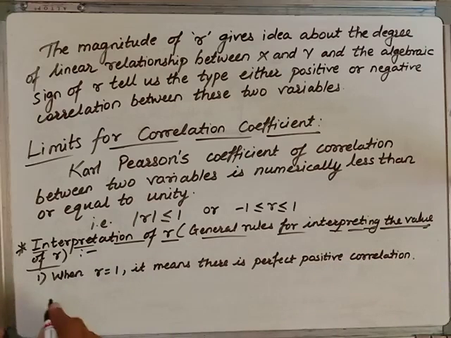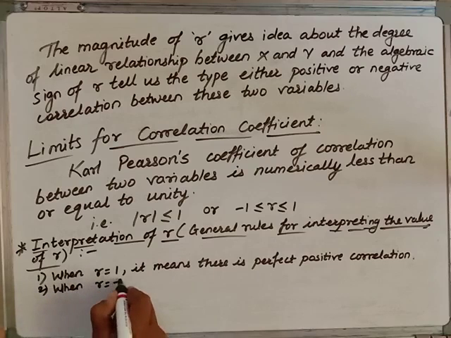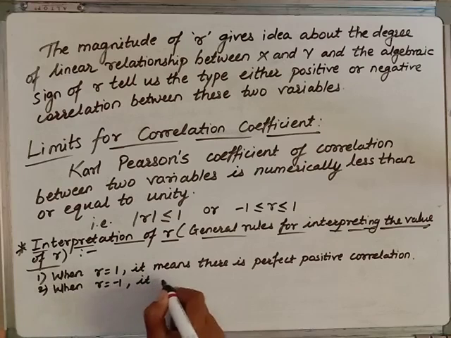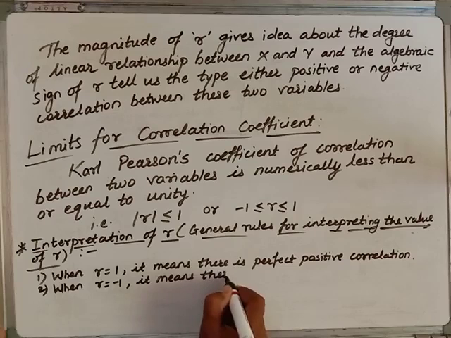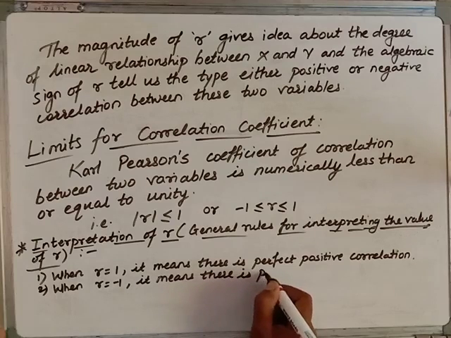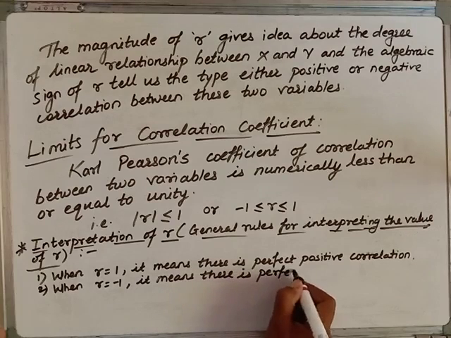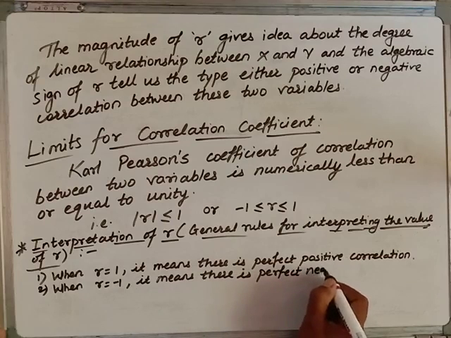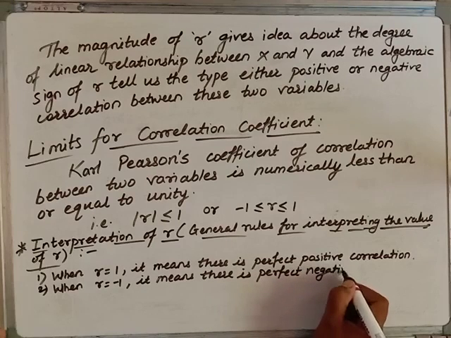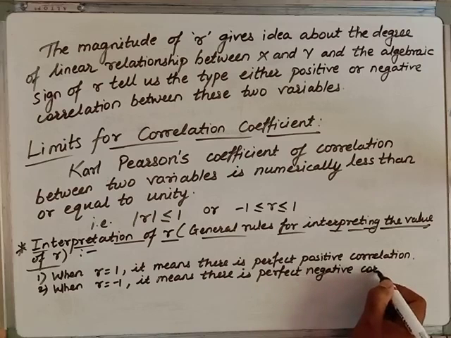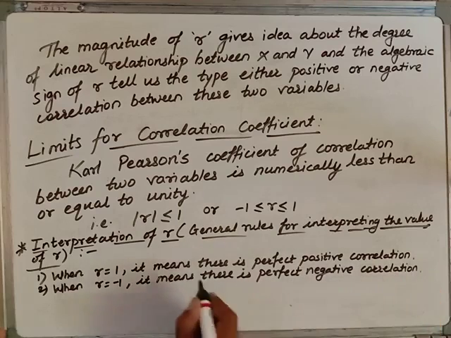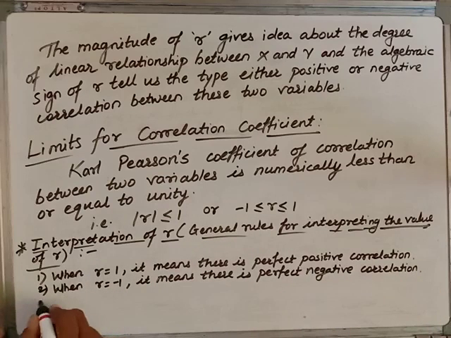Second, when r equals -1, it means there is perfect negative correlation between these two variables.